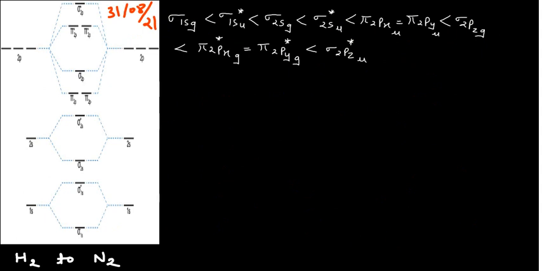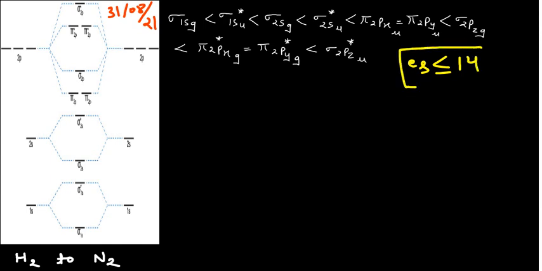Okay, so you can see here, I have written the molecular orbital diagram, and that molecular orbital diagram belongs to those molecules which have electrons less than or equal to 14. So this molecular orbital diagram is applicable only for those species which have electrons less than or equal to 14.